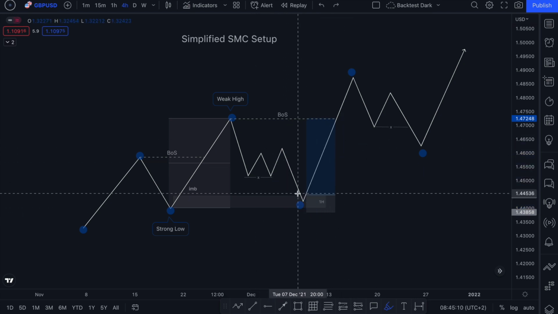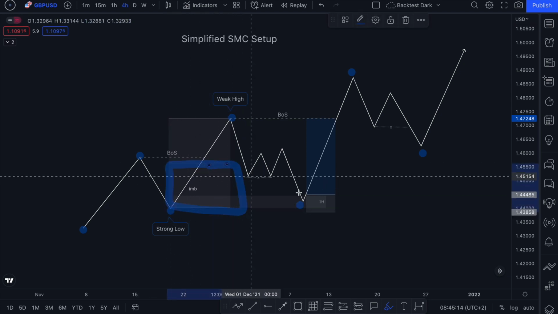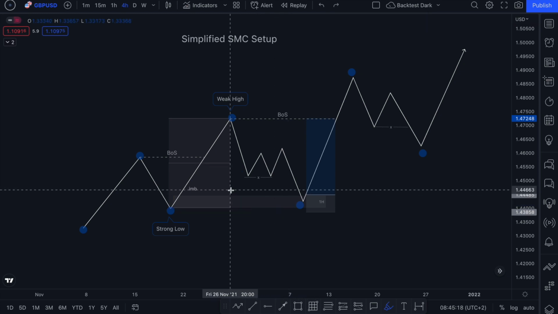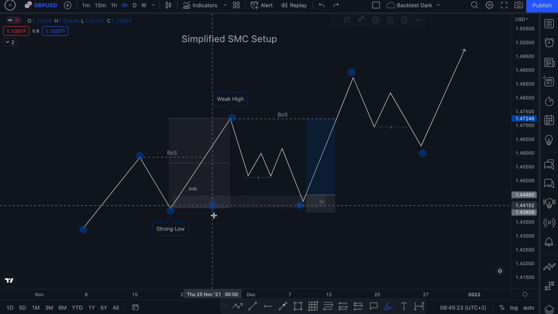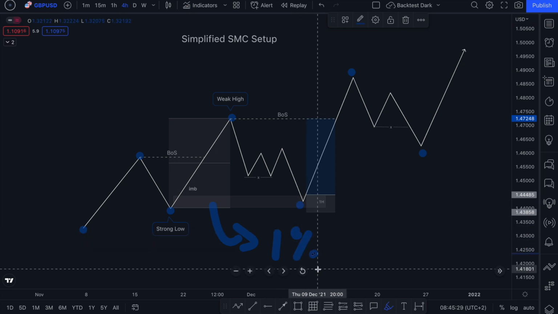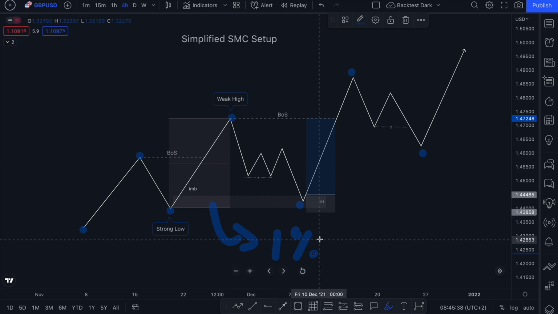So once price comes into my discounted pricing, okay, and mitigates a valid high probability zone, I am going to be pro trend on that particular setup. And here I will look to risk 1% of my account. Okay. So when I am trading pro trend, when I am trading in line with the underlying trend, I will risk 1% of my trading account.